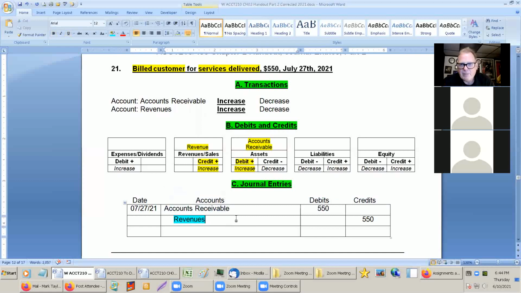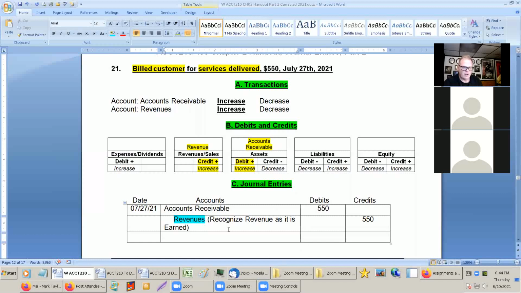So in normal, what they call GAAP accounting, the normal accounting rules are that you recognize revenue when it's earned, not necessarily when cash is received.